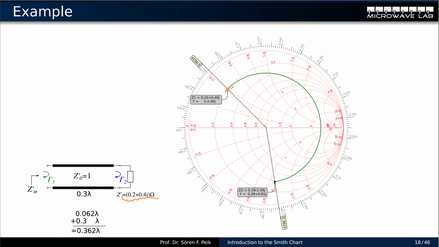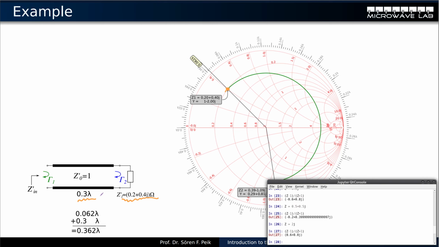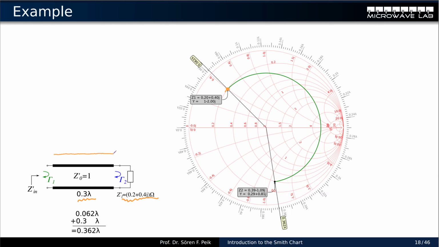Now I have to add the length that's related to 0.3 lambda. Let's do the calculation here. 0.3 lambda means I have a phase shift of 0.3 of 1 lambda. 1 lambda is 360 degrees, so it's 0.3 of 360 degrees. That is 108 degrees. So this thing introduces a phase shift of 108 degrees.